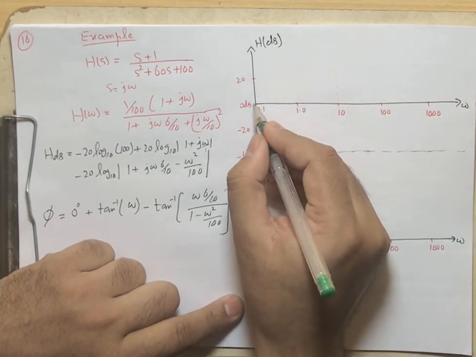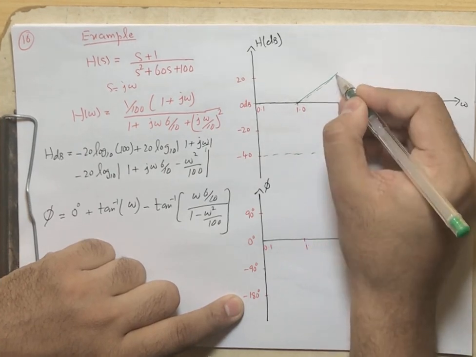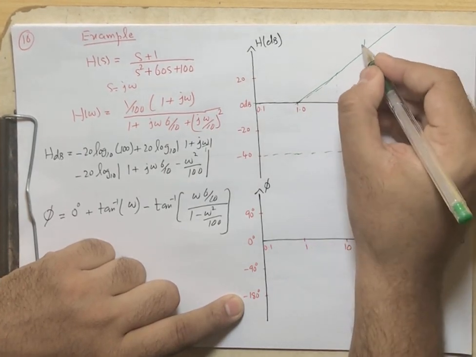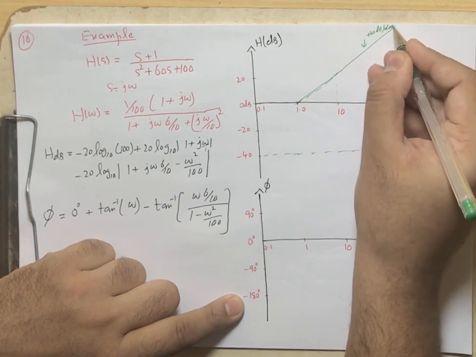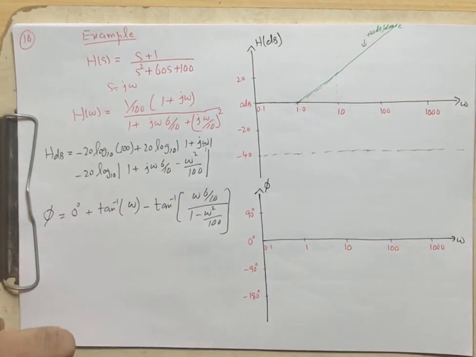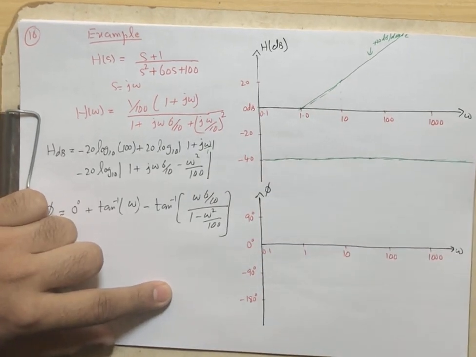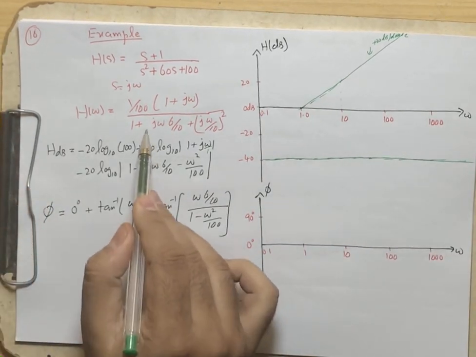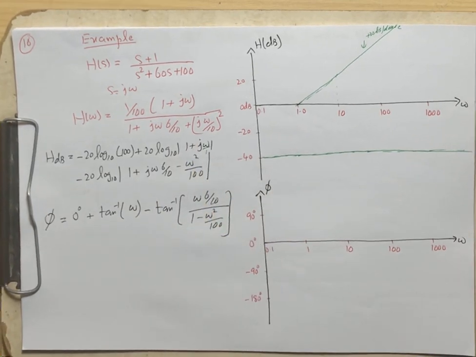It will be 0 up till here, and then keep on increasing. So this is a positive 20 dB per decade. Then you have the quadratic term, or the quadratic poles.